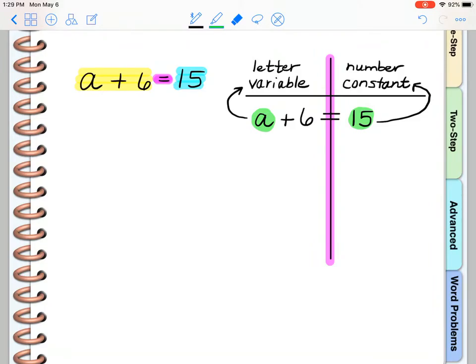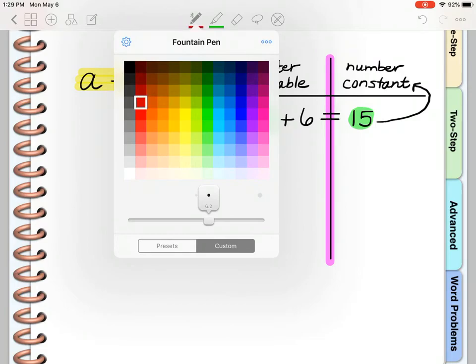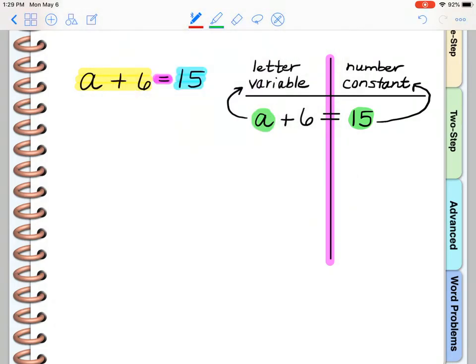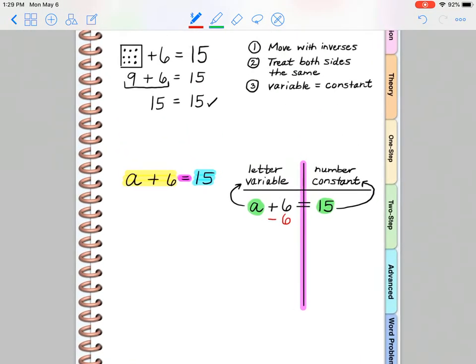So to move this 6, we're going to do the opposite, the inverse of plus 6. So this is going to be minus 6. Let me shrink a little bit. That's golden rule number 1. Golden rule number 2 says to treat both sides the same.